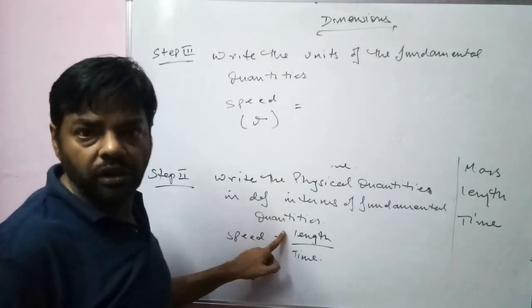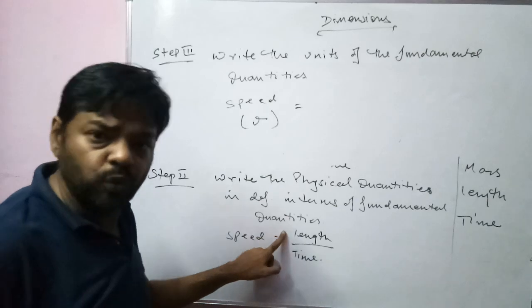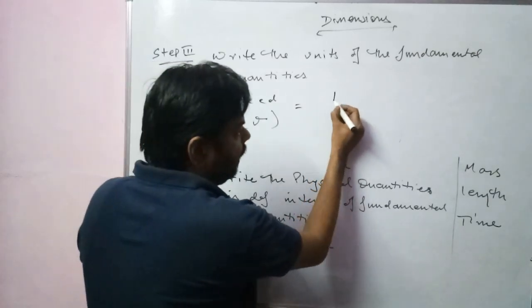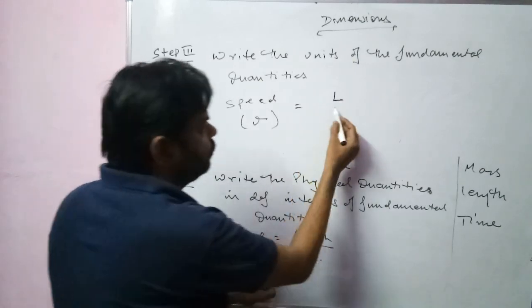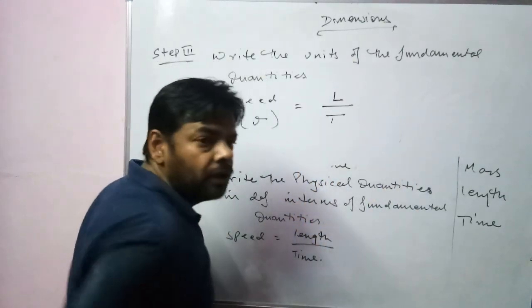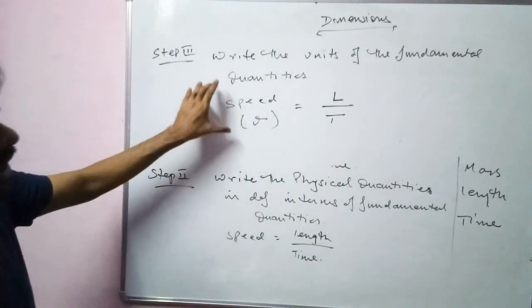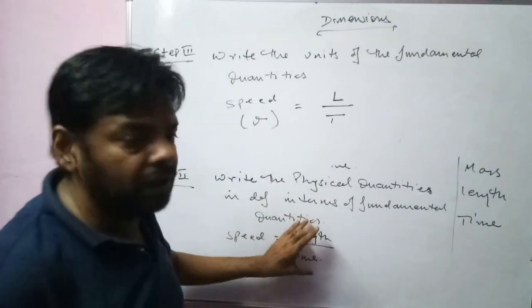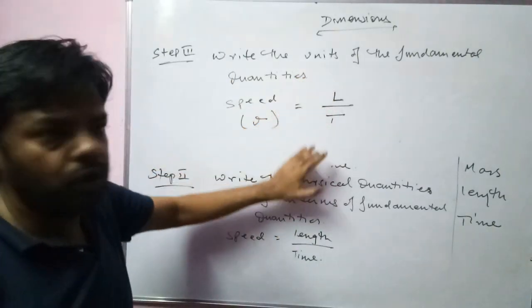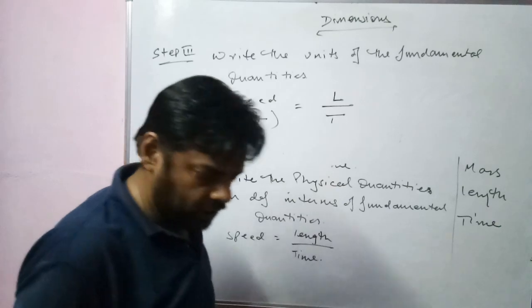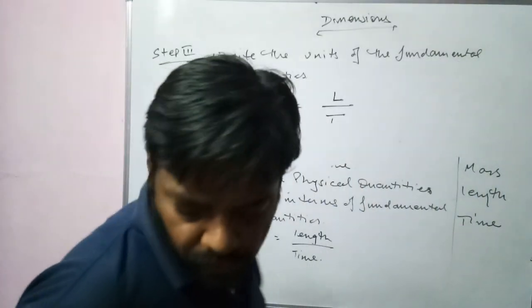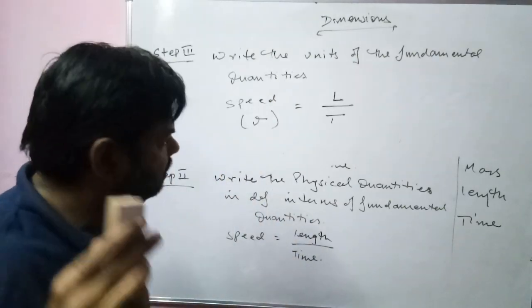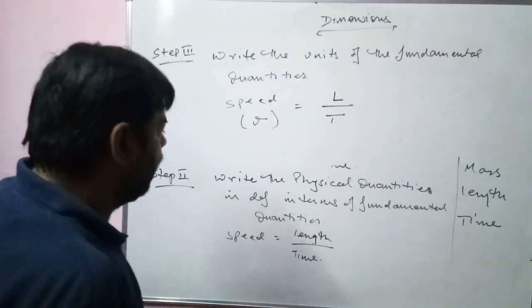I just told you that the unit for length which we are going to use is capital L, and the unit for time is capital T. So since the speed is written in terms of length and time, in this unit form, okay? Got it? Then we have to do the small calculation. Okay?